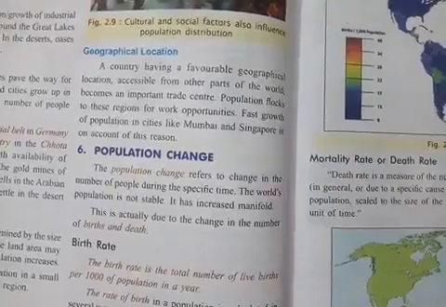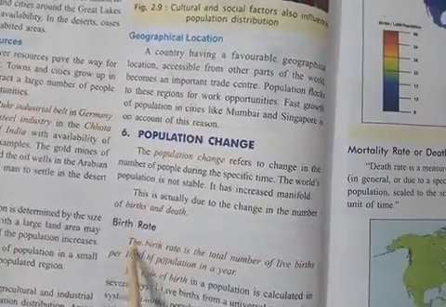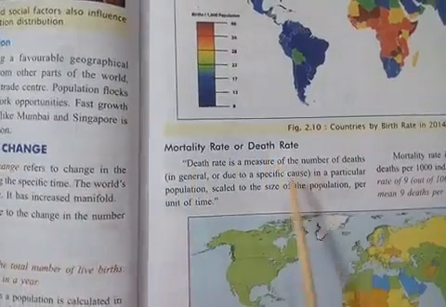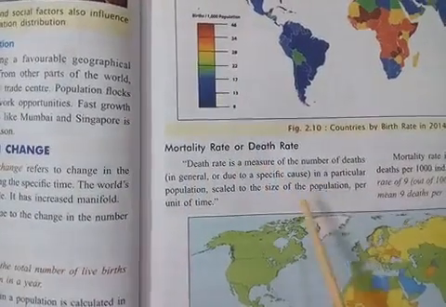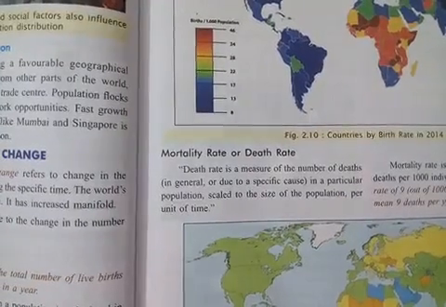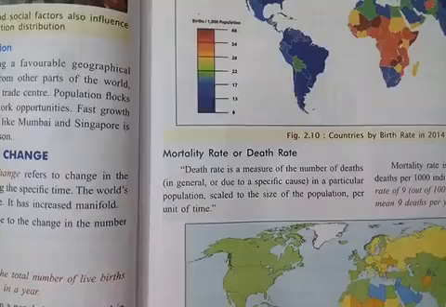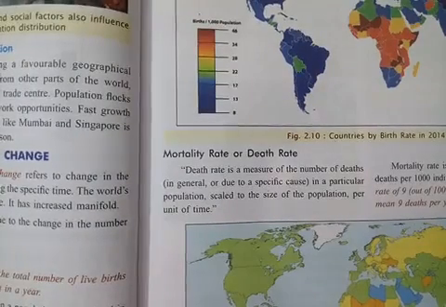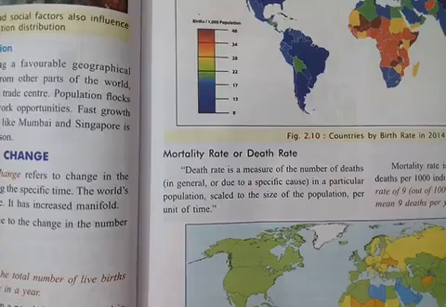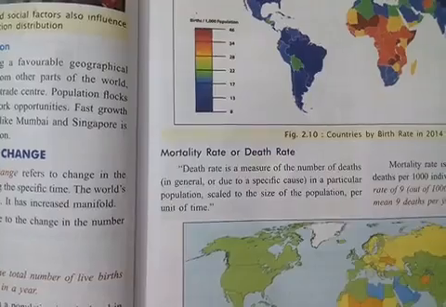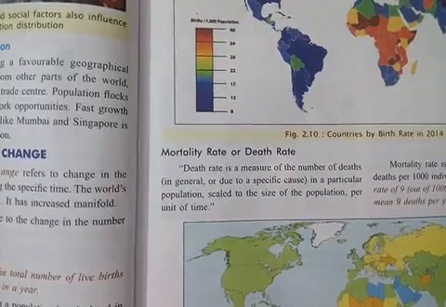So these are the two important factors, the birth rate and the mortality rate, that decide the population change. In fact, if you remember, in the last session I explained how the birth rate and the death rate influence the population change in three ways.